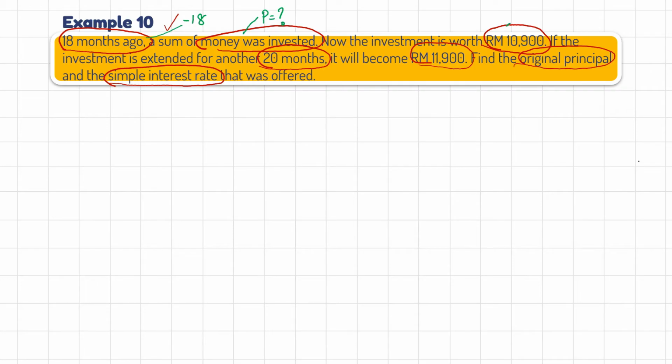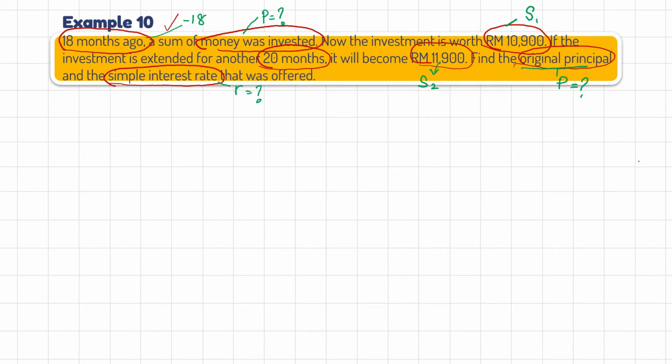So this will be our S. If the investment is extended for another 20 months, it will become 11,900 ringgit. Therefore, this will be our second S. Let's represent it as S2, and 10,900 is S1. Find the original principal, which is P. And the simple interest rate that was offered. So this is R.